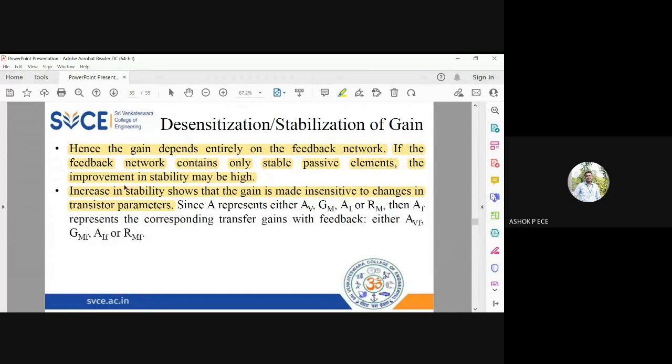Okay, so the first point, which is a very important advantage of negative feedback, is stabilization of gain. We have seen that the variation in gain after feedback is very little compared to the variation in gain without feedback. Also, one important point, we have seen that the gain after feedback depends only on the feedback network, not on the amplifier.